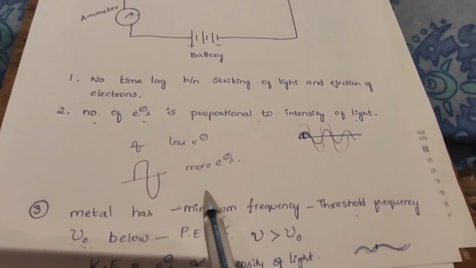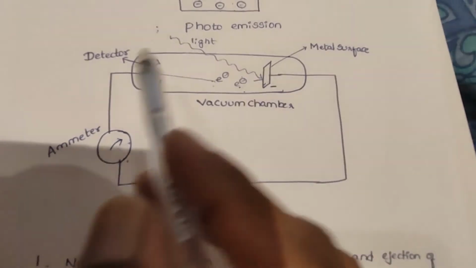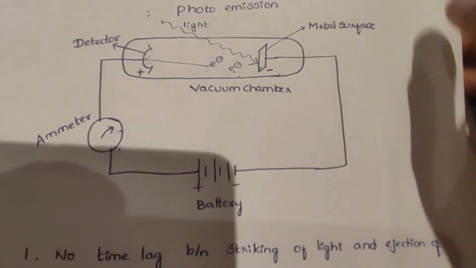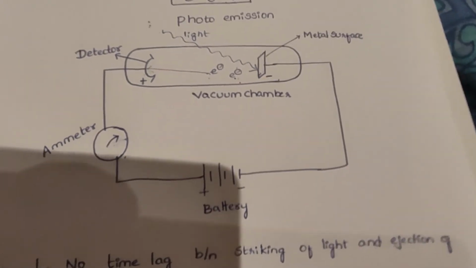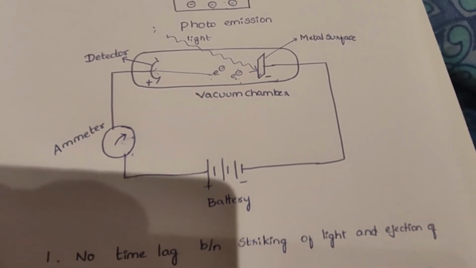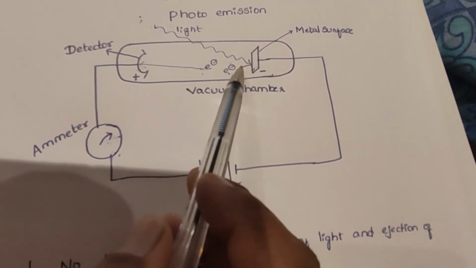These are the results observed during this experiment. After conducting this experiment, scientists, based on classical physics, were of the thought that electromagnetic radiations are in the form of wave nature.